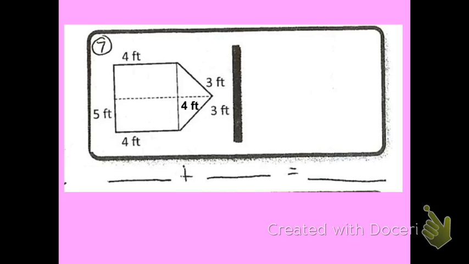So let's go ahead and draw a line separating the rectangle and the triangle here. And then we're going to shade those two shapes, just like we did a minute ago. So we're going to shade the rectangle, and then we're also going to shade the triangle.